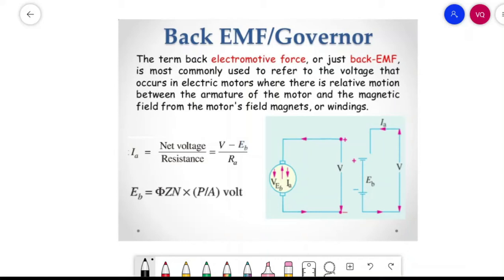A motor has coils turning inside magnetic fields, and a coil turning inside a magnetic field induces an EMF. This EMF is known as the back EMF. It acts against the applied voltage that causes the motor to spin in the first place and reduces the current flowing through the coil of the motor.